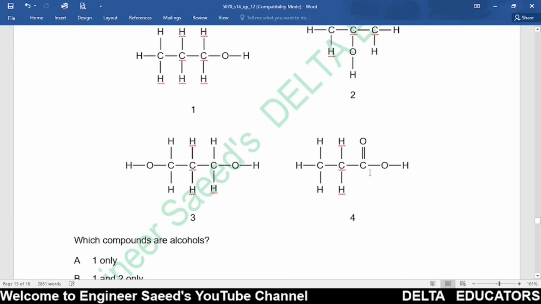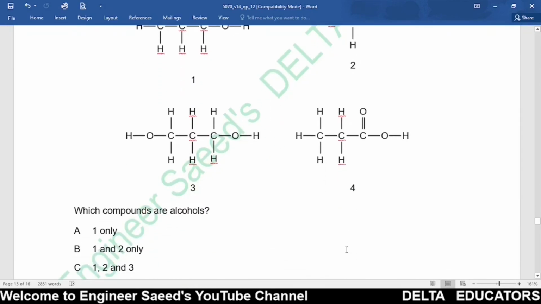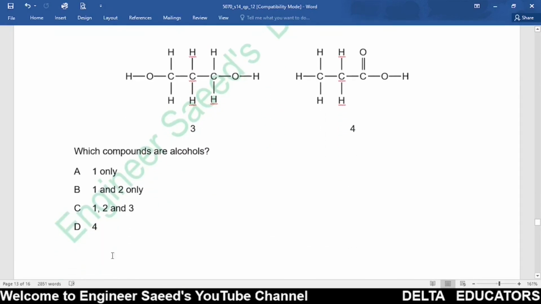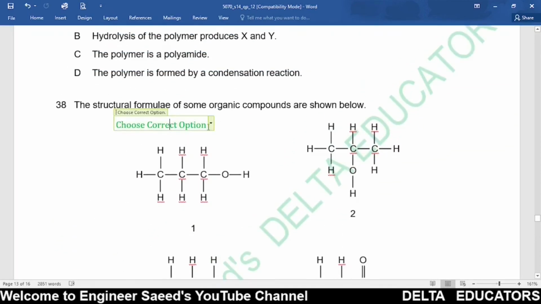In number 4 we don't have an OH group, here we have a COOH group. COOH means an acidic group. So in 1, 2 and 3 we have the alcohol group, in 4 we have an acidic group. So 1, 2 and 3 are alcohols, which is given in option C. So the correct option will be option C.